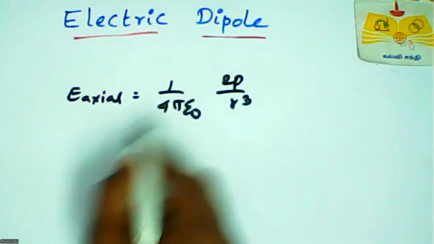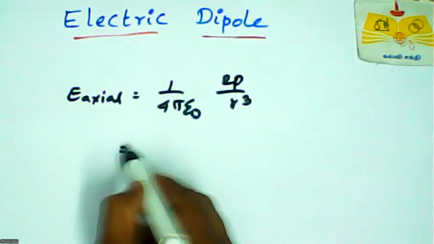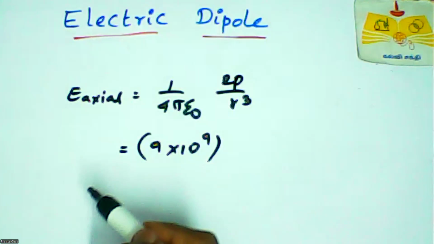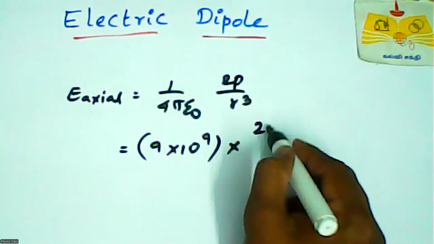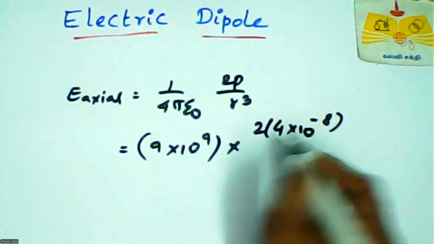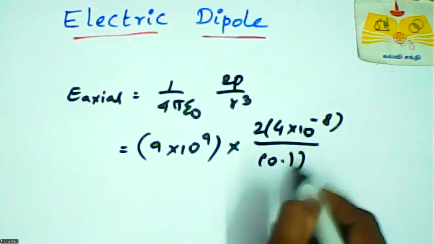The value of 1 by 4 pi epsilon naught is 9 into 10 power 9, which you already know from Coulomb's law. And 2 into what is the p value? 4 into 10 power minus 8, divided by R, which is 0.1 cube.